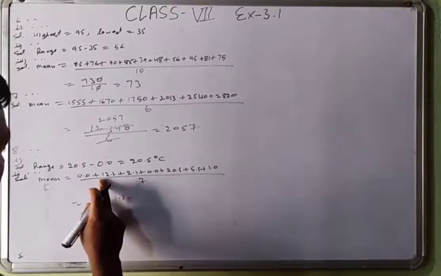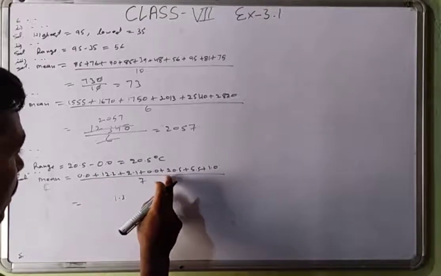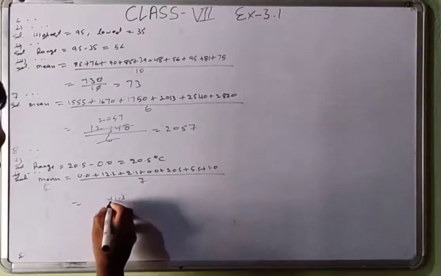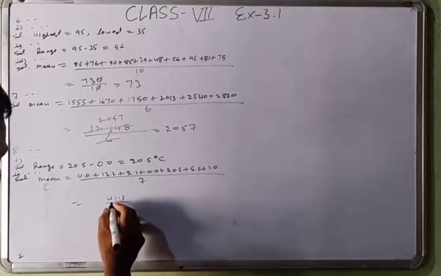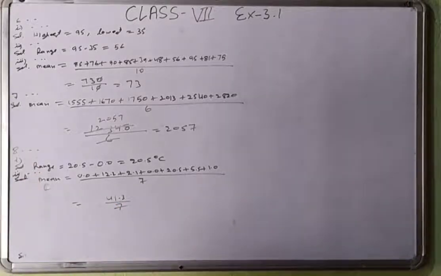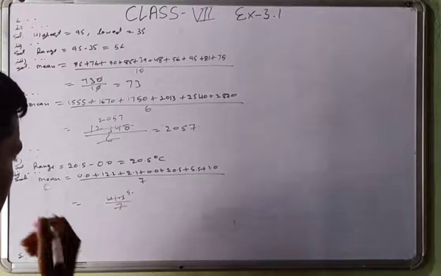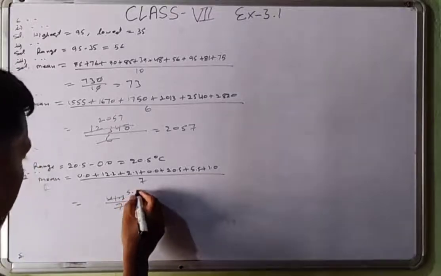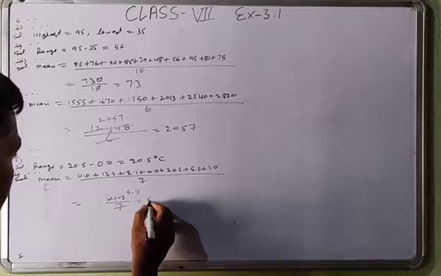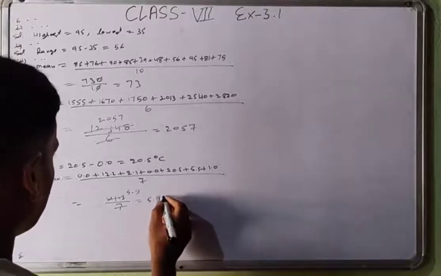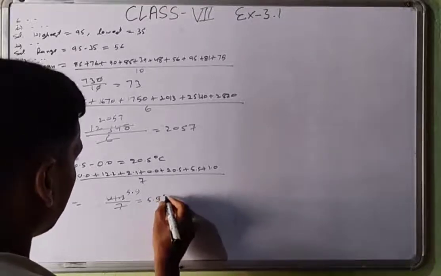Carry 1, 1, 2, 3, 4, so 41.4 upon 7. 7 fives are 35, and then left is 6, 66, 7 nines are 63, that is 5.9 millimeters.